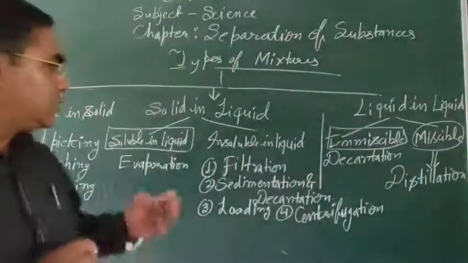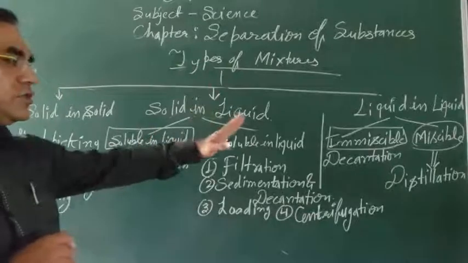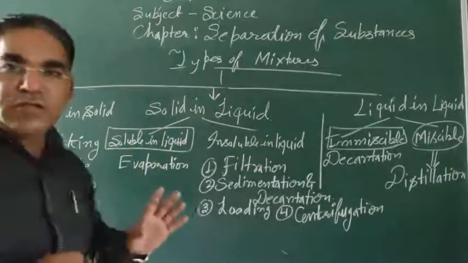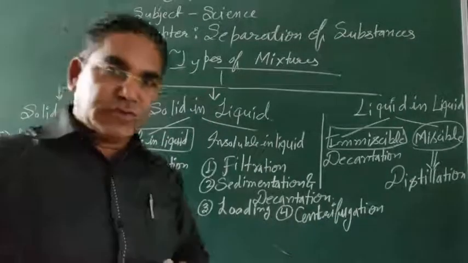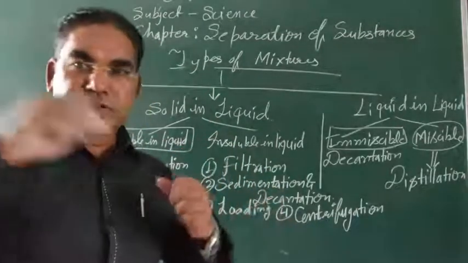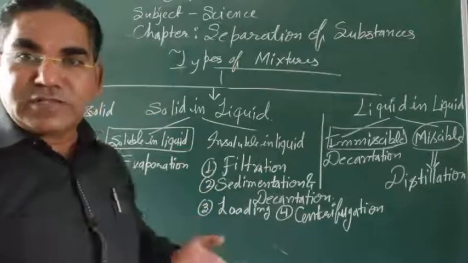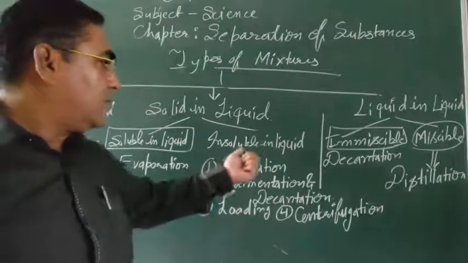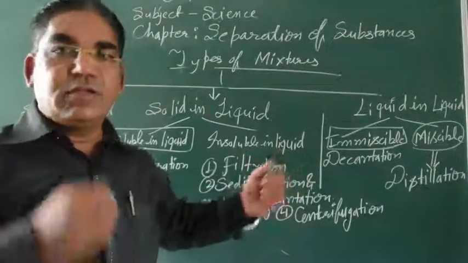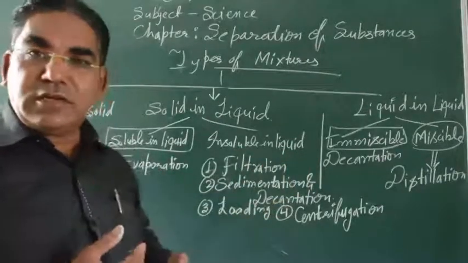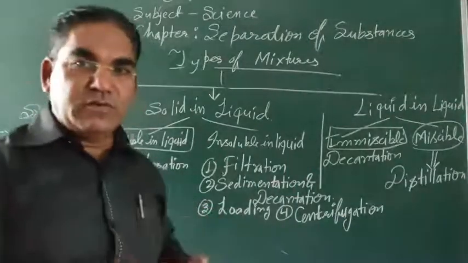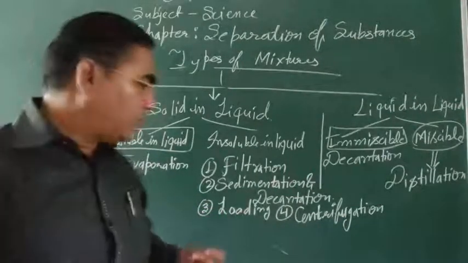Now if the solid is soluble in liquid, how can we separate? Soluble in liquid, like salt in water. How can we separate the salt? By evaporation. Now insoluble in liquid. The solid is insoluble in liquid, like sand or sawdust insoluble in water.